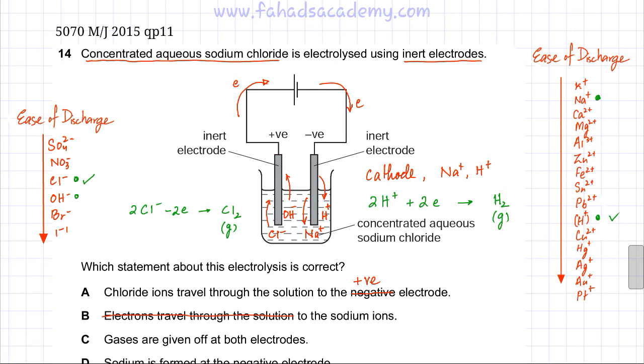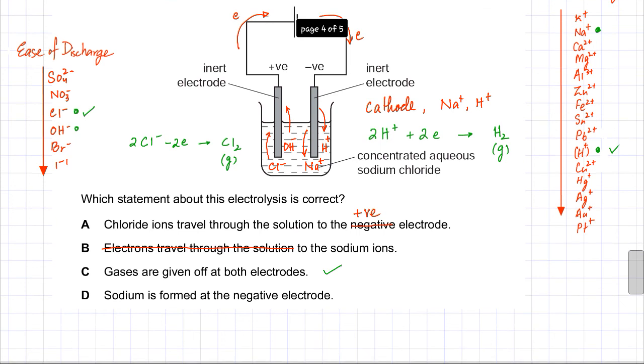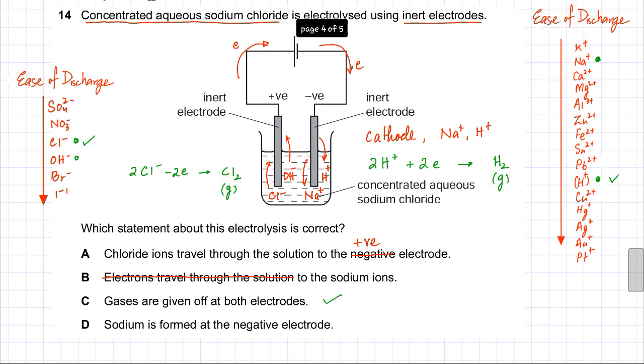So in our case, a gas is being formed at the cathode, and a gas is also being formed at the anode. So option C, that gases are given off at both electrodes, is perfectly correct. We can also confirm the last statement as being incorrect. The statement says that sodium is formed at the negative electrode, which is incorrect.